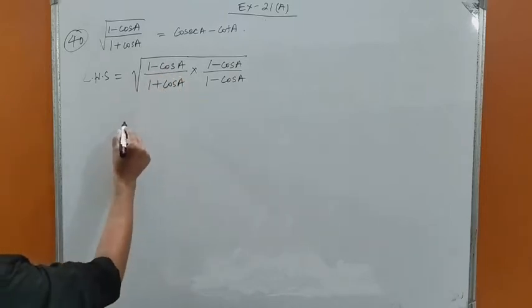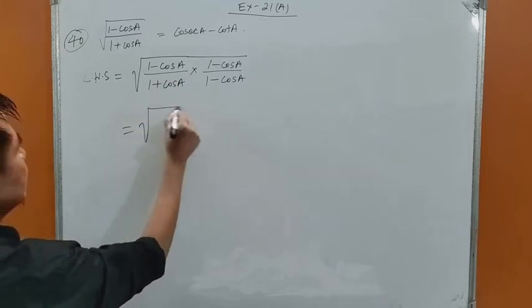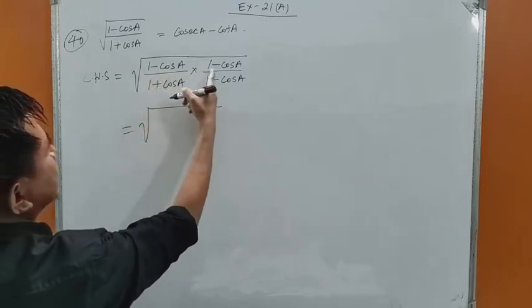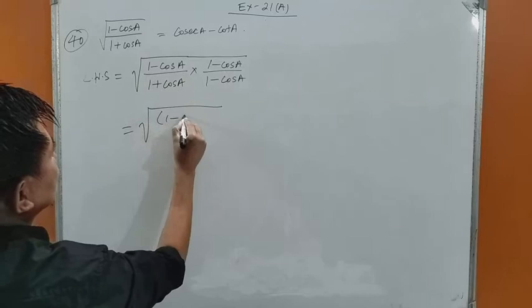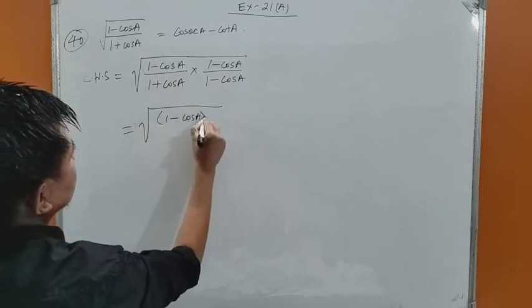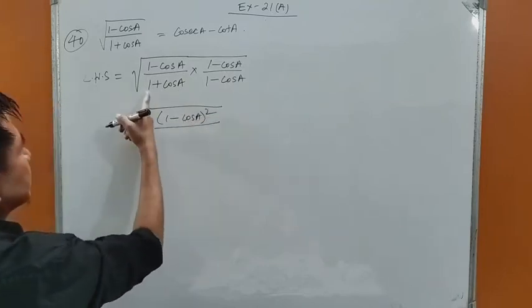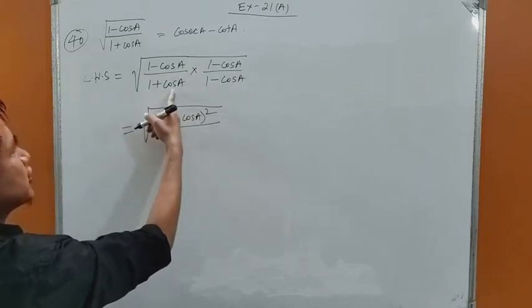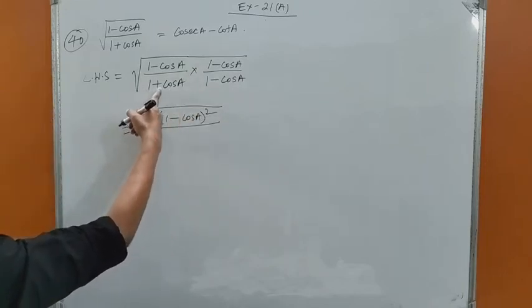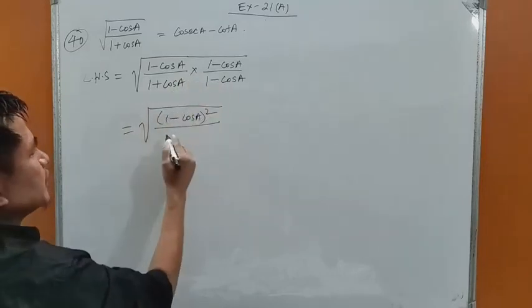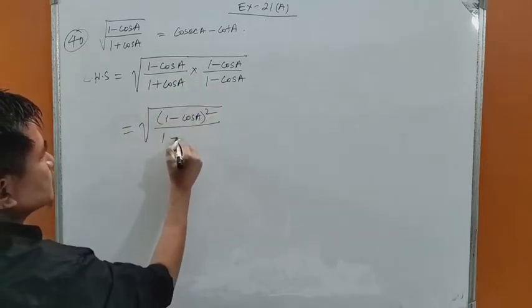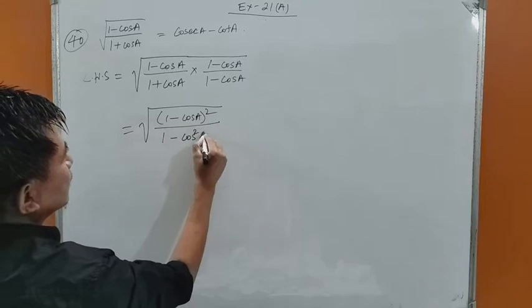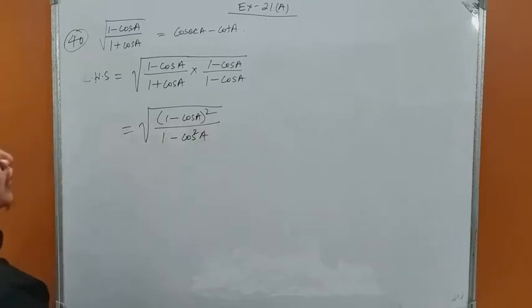So in the numerator we have 1 minus cos a into 1 minus cos a, that means 1 minus cos a whole square, and in the denominator we have a plus b into a minus b. 1 is a and cos a is b. So a plus b into a minus b means a square minus b square. A square means 1 square, so 1 square is 1.